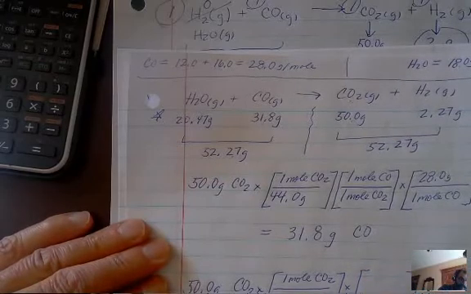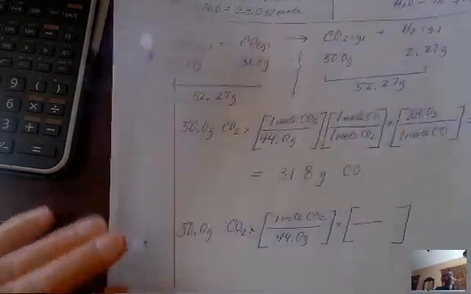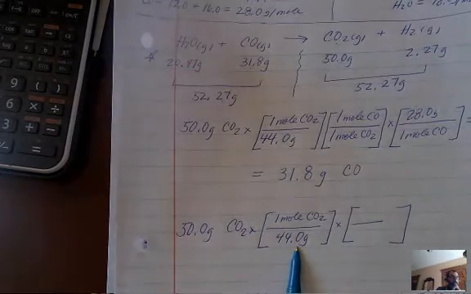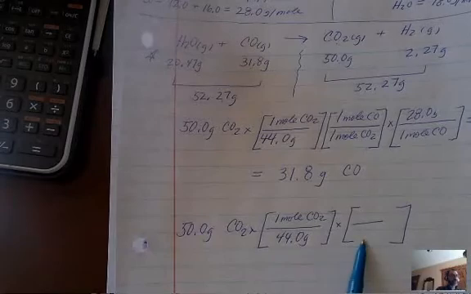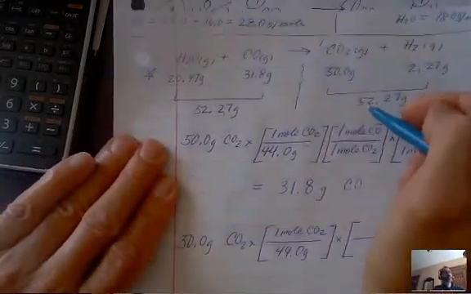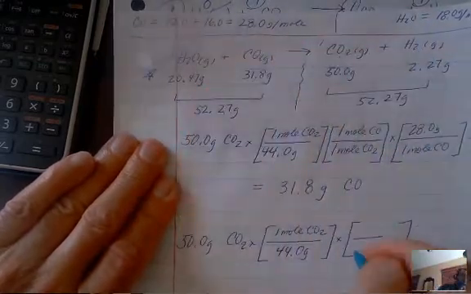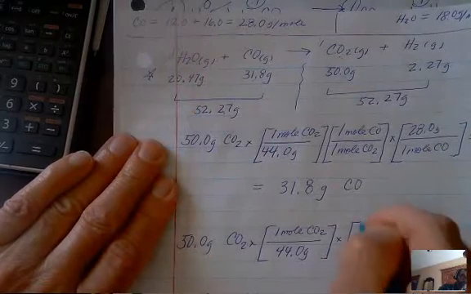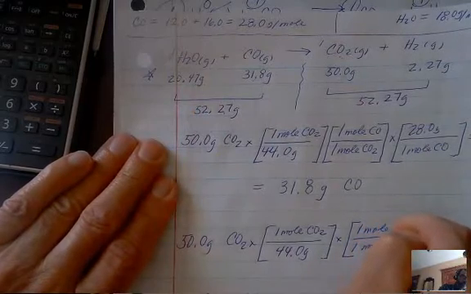Okay, what do I do in the middle? First step, go from grams to moles using the periodic table. Second step, look at the balanced equation. For every 1 carbon dioxide that was formed, there must have been 1 water. So this is a 1-to-1 relationship: 1 mole of CO2 came from 1 mole of water.